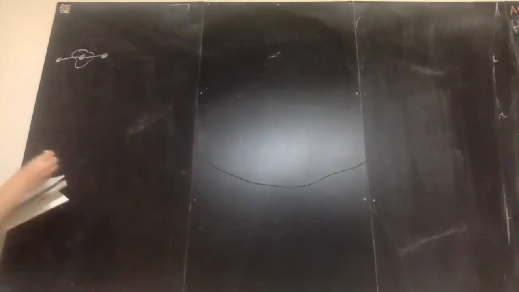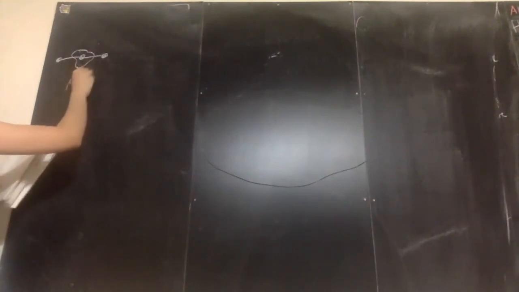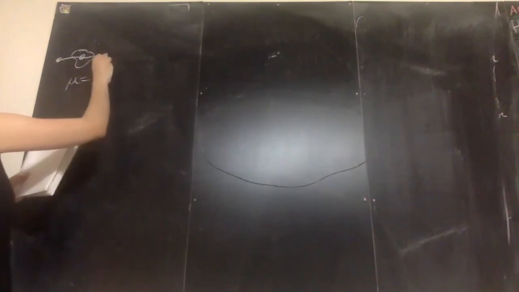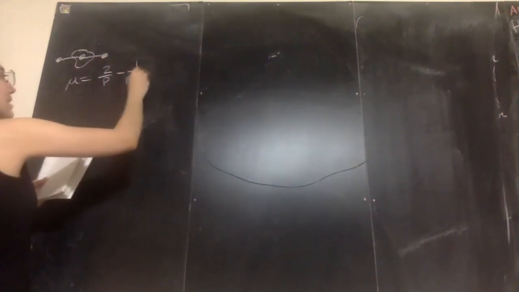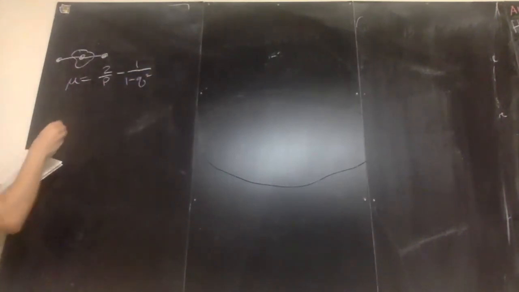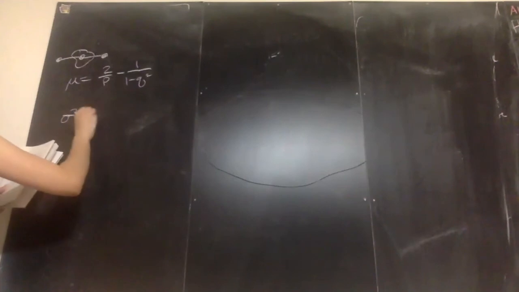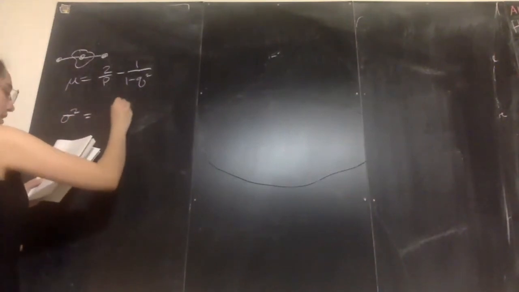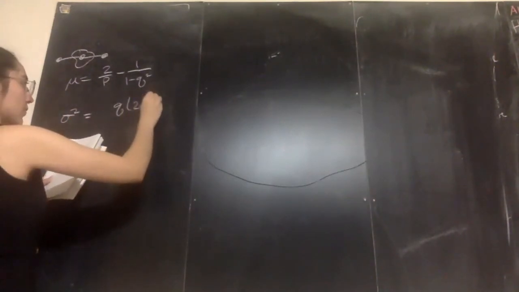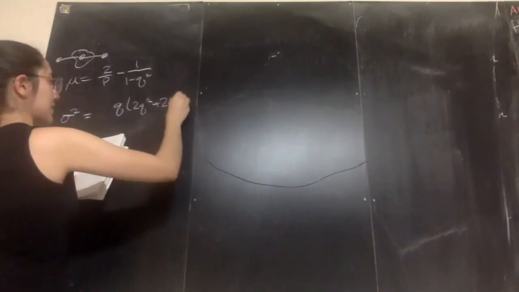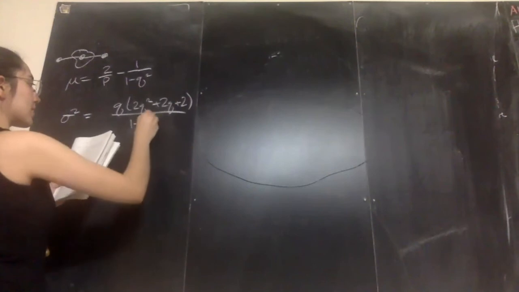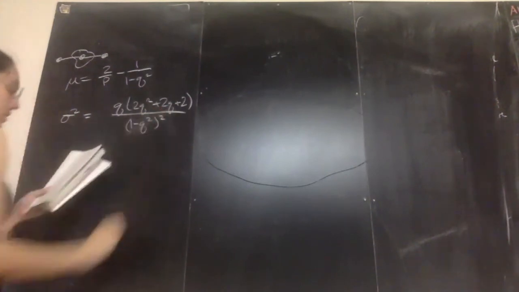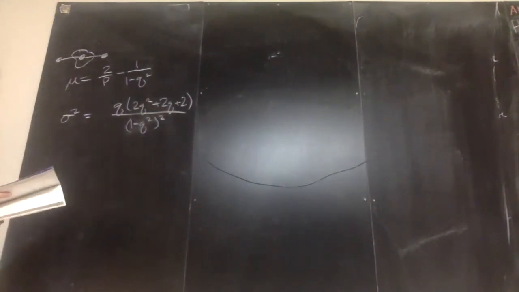And so for this, we calculated our mu to be 2 over p minus 1 over 1 minus q squared, with our variance q times 2q squared plus 2q plus 2 all over 1 minus q squared squared.